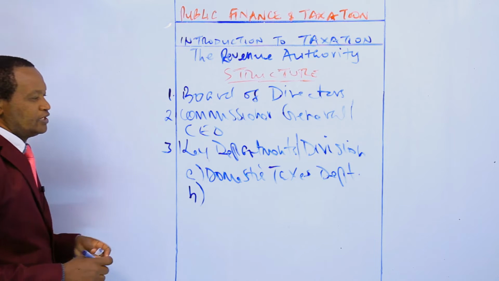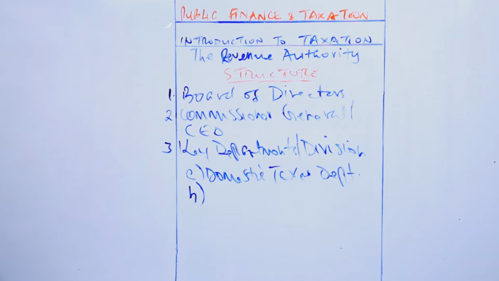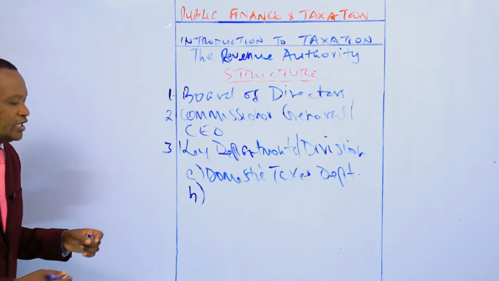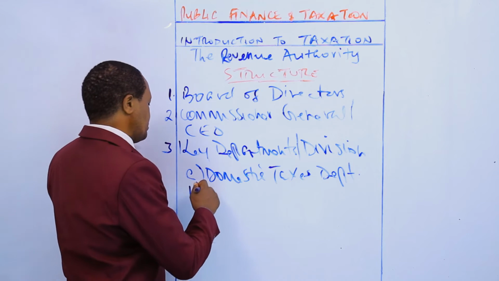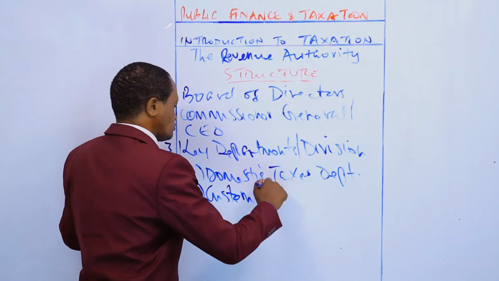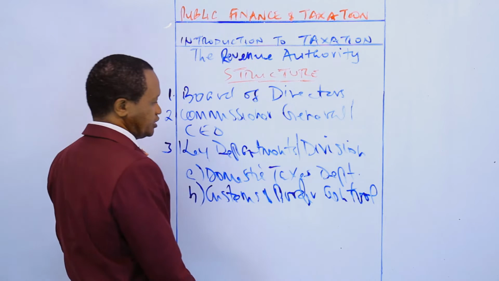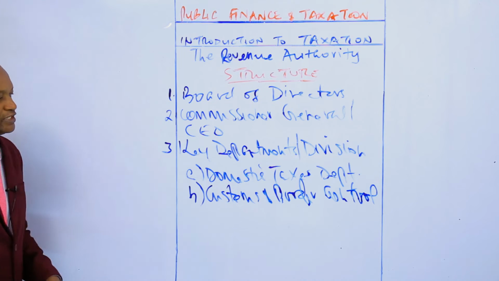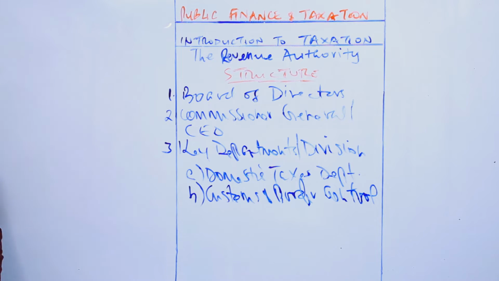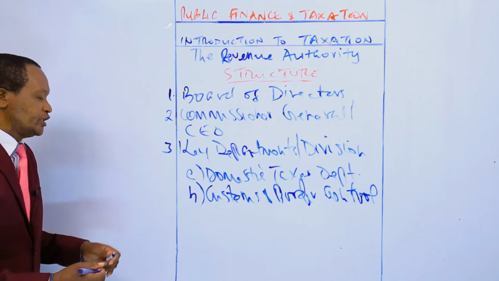The second department is the Customs and Border Control Department, the second key department or division within the KRA organizational structure. This department handles customs duties, import and export procedures, and border security.